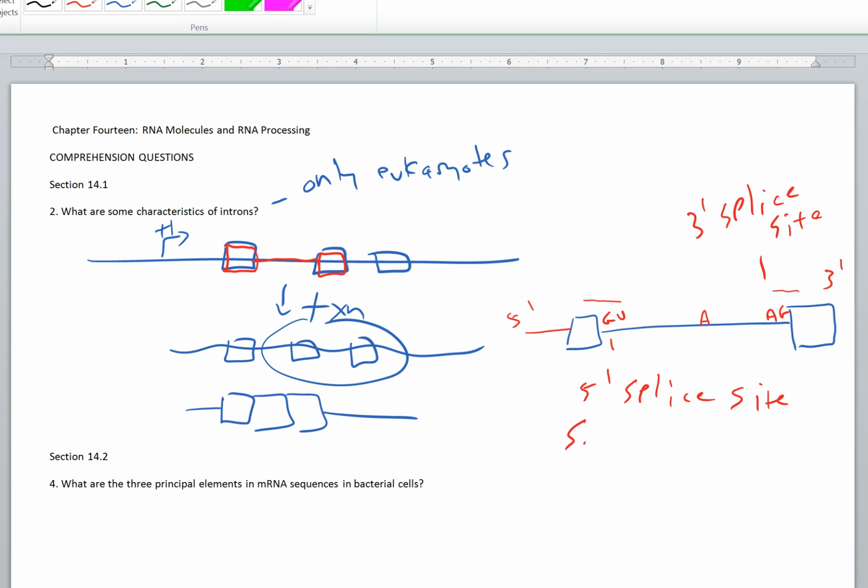This is also called the splice donor. And this is called the splice acceptor. And this is called the branch point.